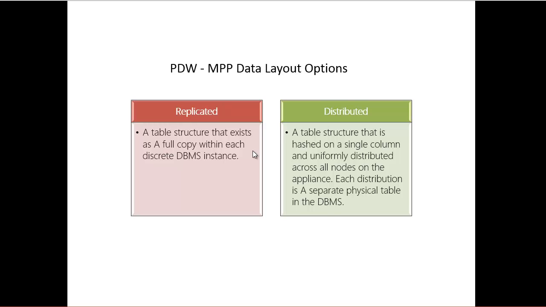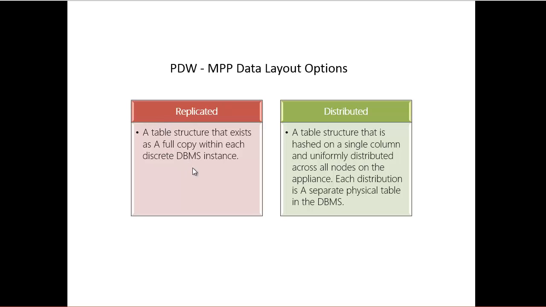So from a database and table DDL perspective, the way this should be thought about is that fundamentally, and this is kind of the difference between SMP and MPP, you have two types of tables you can create in PDW. You have what is called replicated and distributed tables.